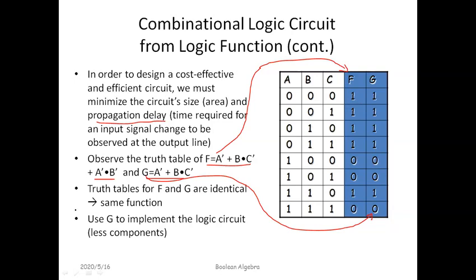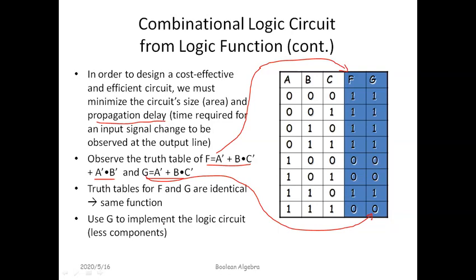The outputs should be the same for the various input combinations. Okay, so if you have the same input combinations, you expect the same outputs despite the expressions looking different. So truth tables for F and G are identical, meaning these two are actually the same function. So use G to implement the logic circuit.